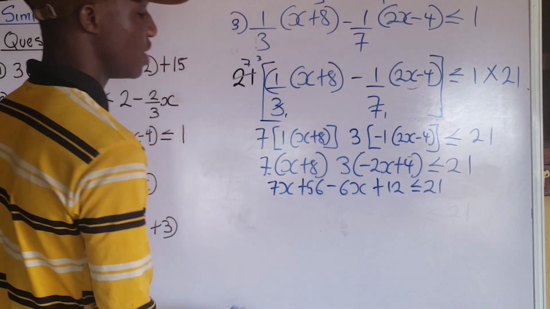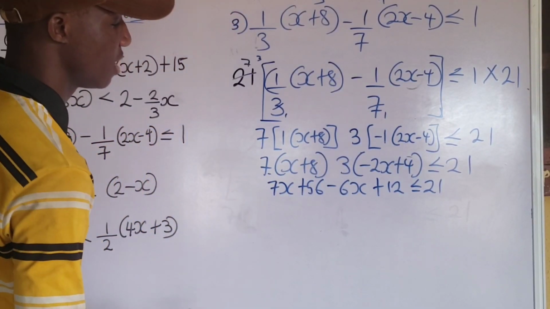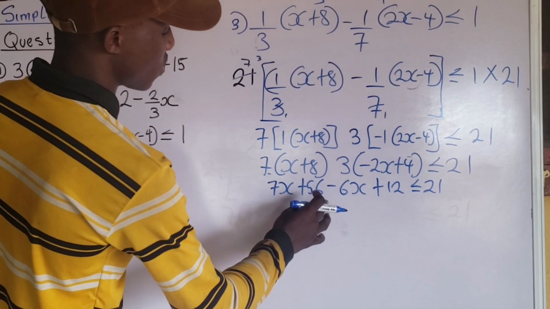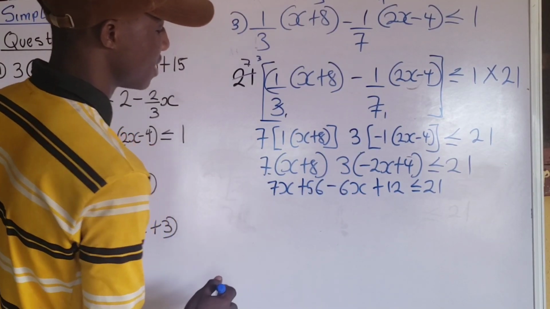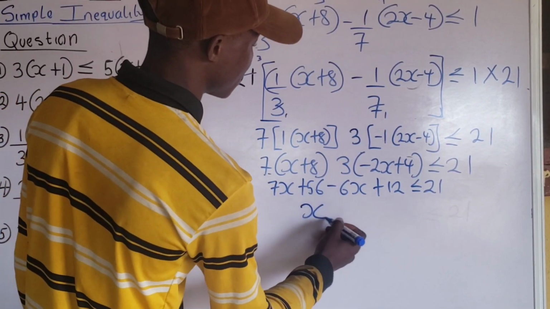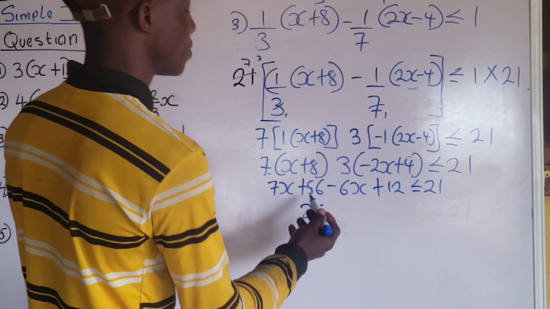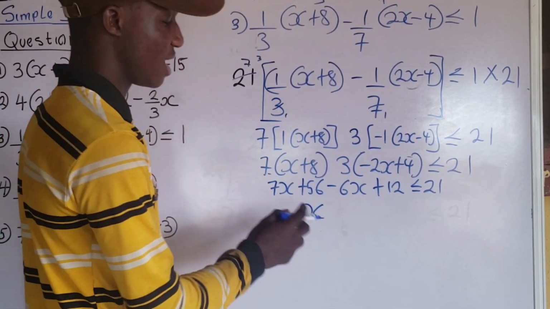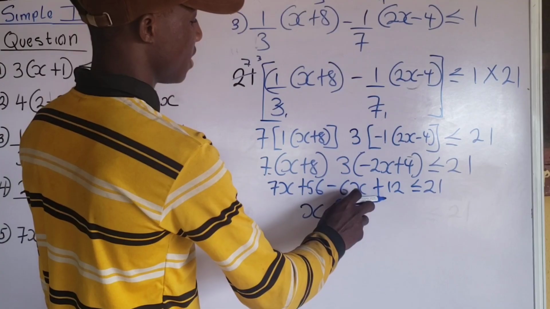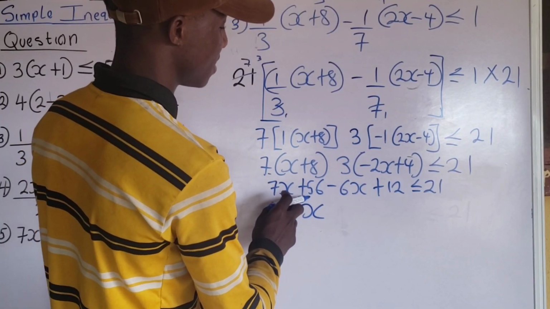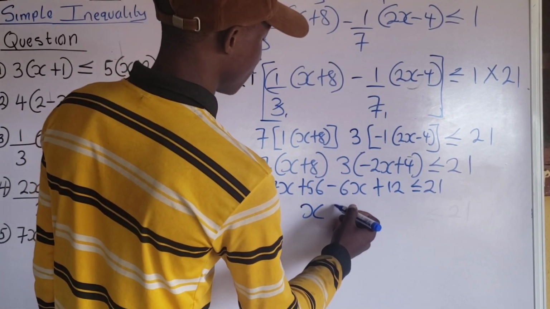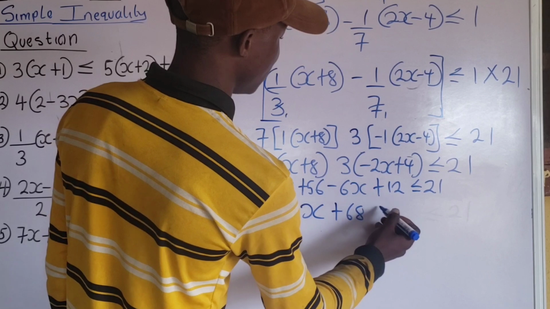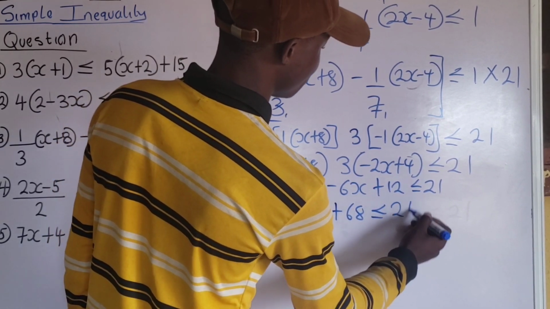If you multiply this by this bracket, you're going to have this, and this by this, you're going to have this. Now here we can collect the like terms. 7x minus 6x, that is x. Now I'm going to take this 56 and 12 and add together. 56 plus 12, that is 68. So I'm going to have x plus 68 is less than or equal to 21.